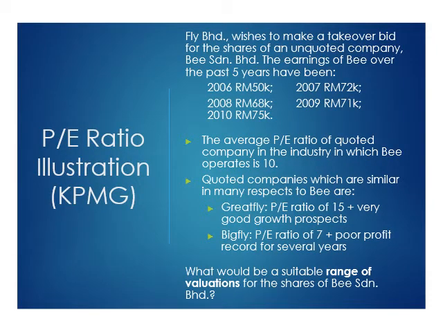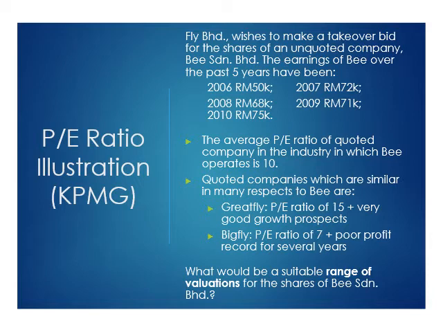Let us look at this example. We have 4 companies here: Fly Berhad, B Sdn Berhad, Great Fly, and Big Fly. Fly Berhad is trying to make a bid on B Sdn Berhad, an unquoted company. Thus it needs to do a valuation for B Sdn Berhad.